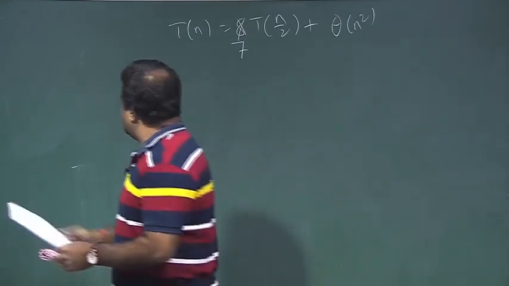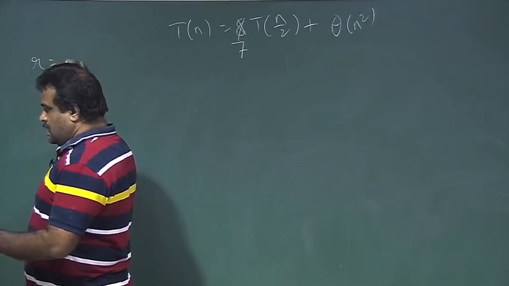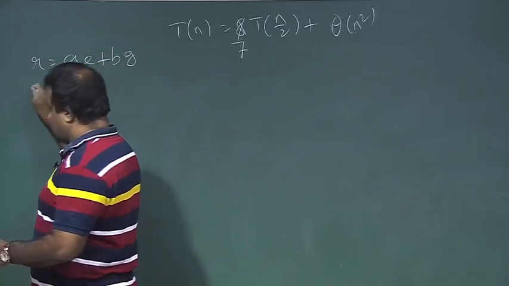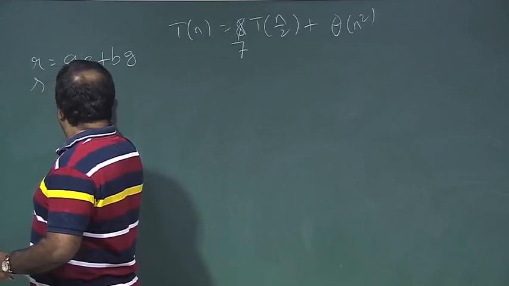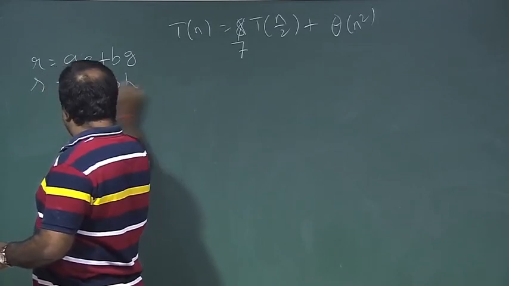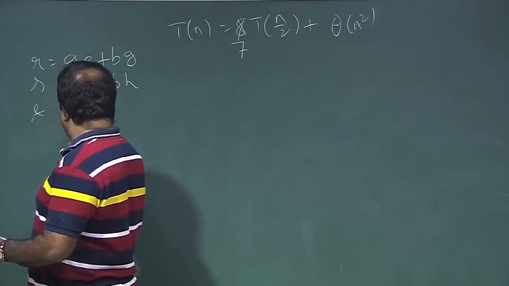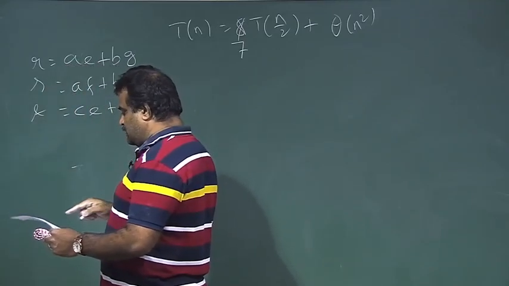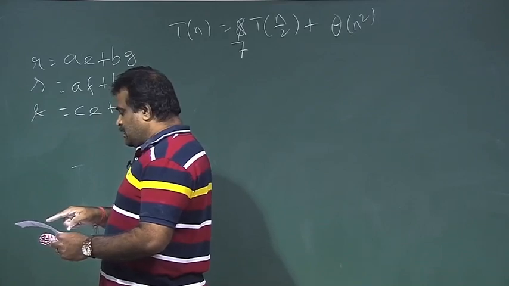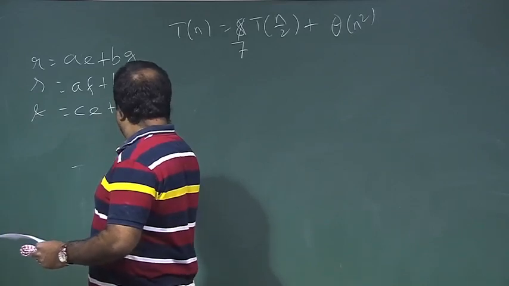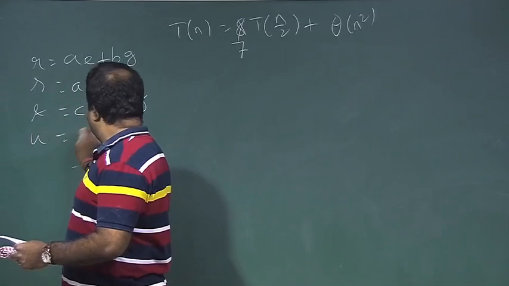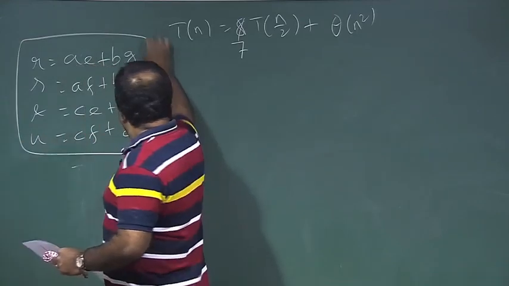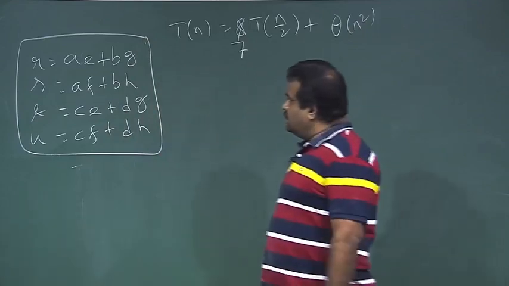R is A E plus B G, S is A F plus B H, T is C E plus D G, and U is C F plus D H. So, this is the R S T U.